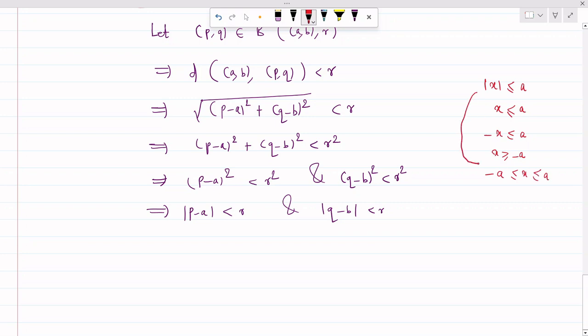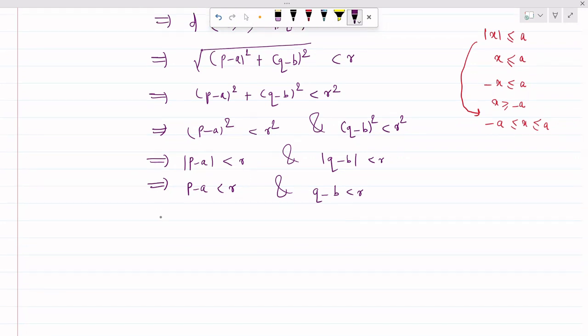So this particular statement implies this. So using that, we can simply write here, since mod of (p minus a) is less than r, p minus a is less than r, and here q minus b is less than r. Okay, so now multiply both sides by 2 in the first, so 2p minus 2a is less than 2r, and 3q minus 3b is less than 3r.